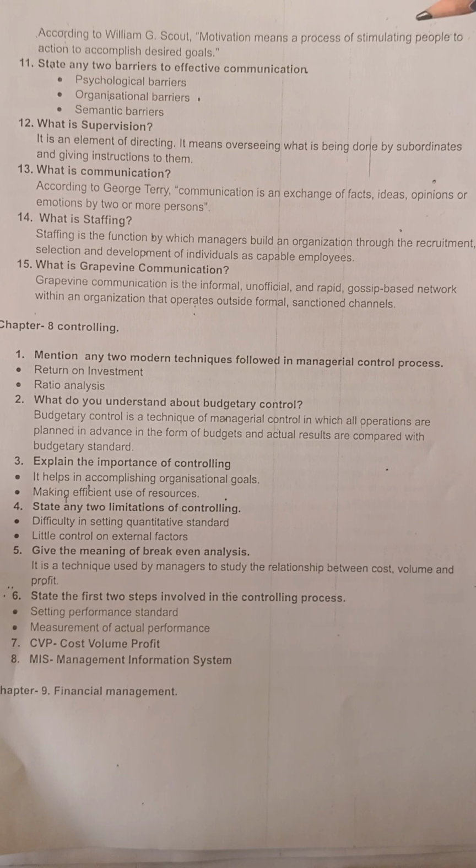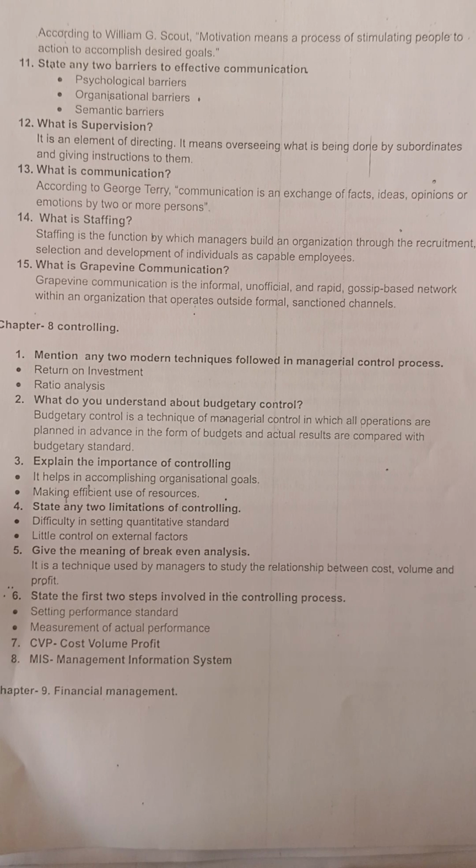Next, what is communication? According to George Terry, communication is an exchange of facts, ideas, opinions, or emotions by two or more persons. Next, what is staffing? Staffing is the function by which managers build an organization through the recruitment, selection, and development of individuals as capable employees.